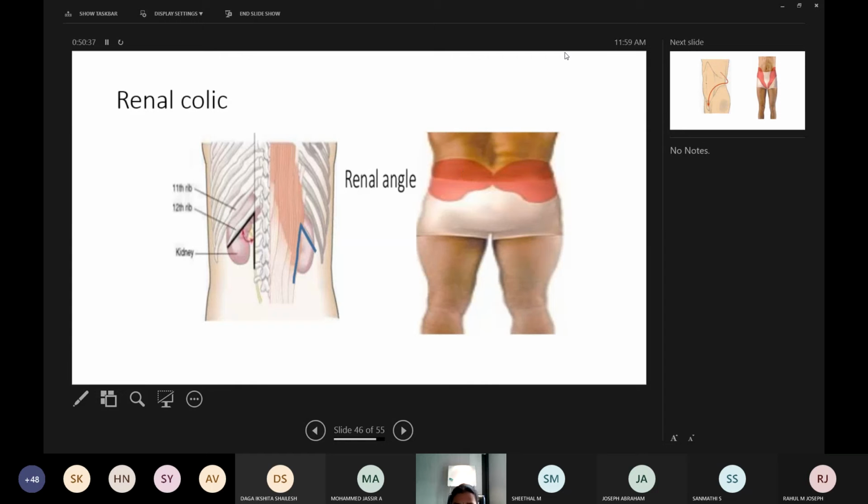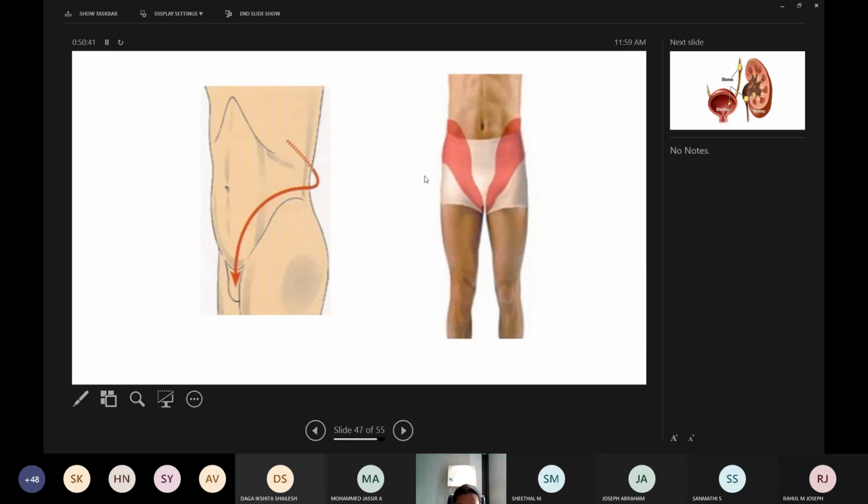If it passes downwards, then the pain will radiate from the loin. This is a typical shooting pain from loin to groin. The pain starts here, it shoots downwards.